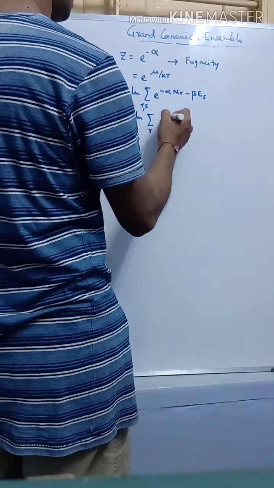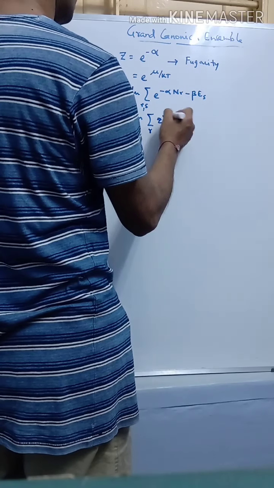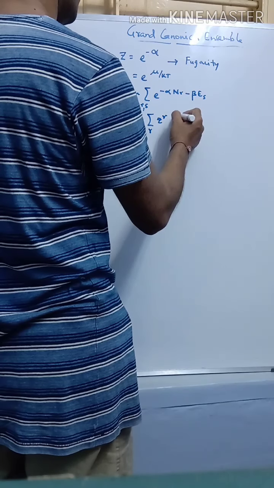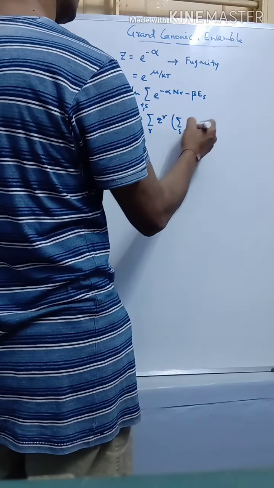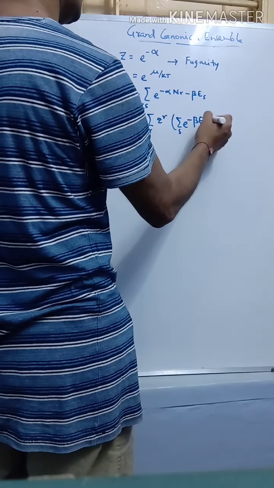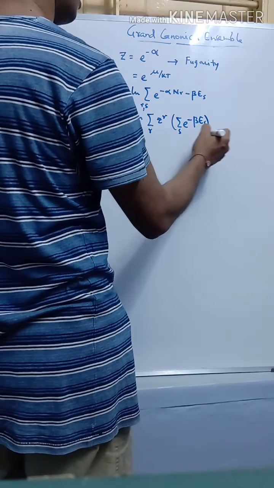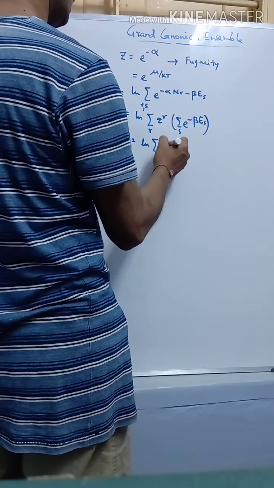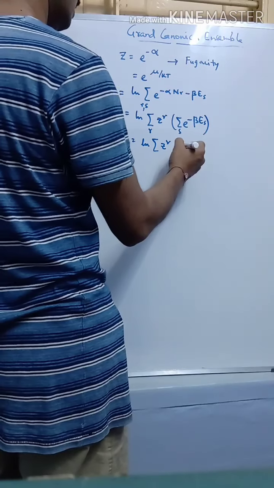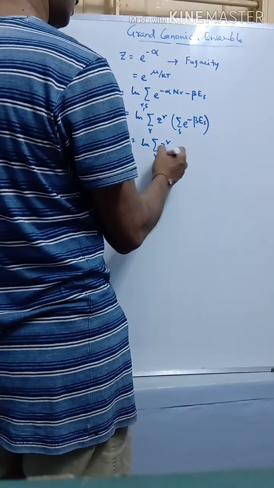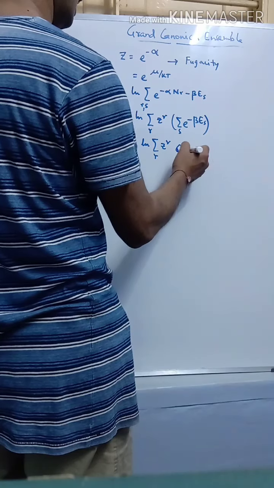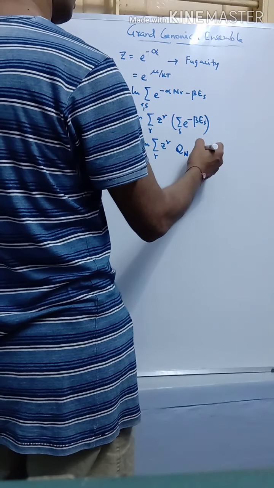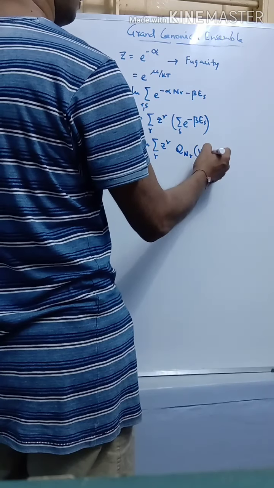This would give us summation over r of z to the power r, and this was written because this would again be written as summation over s e to the power minus beta es. So this part can be called the canonical ensemble. One can write this as ln of summation z to the power r, where z is the fugacity, and this is something which can be called q of nr, which is a function of v and t.